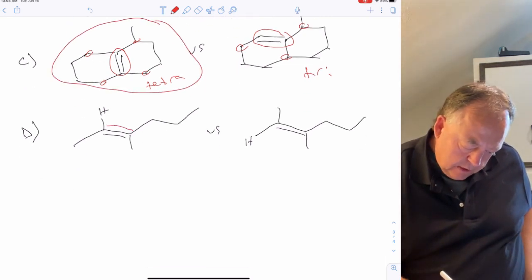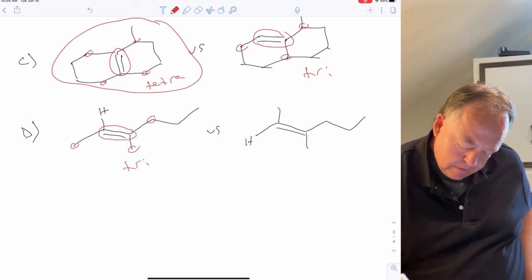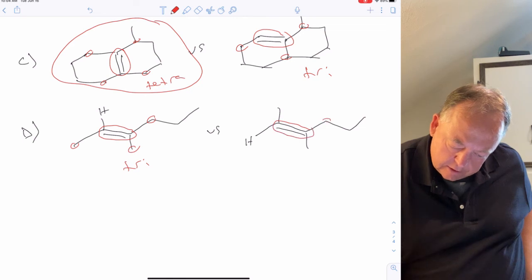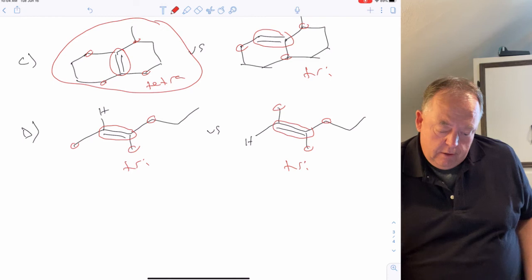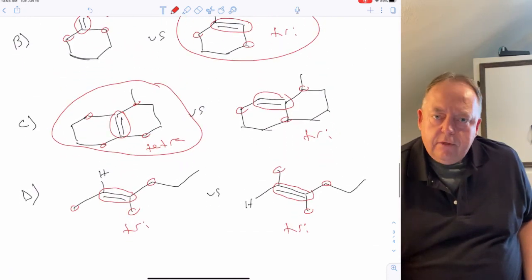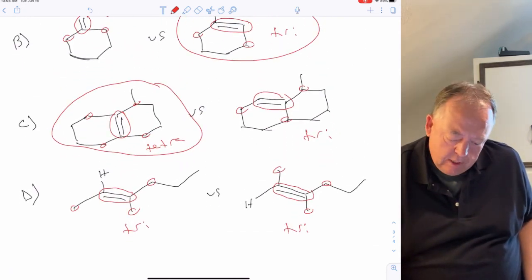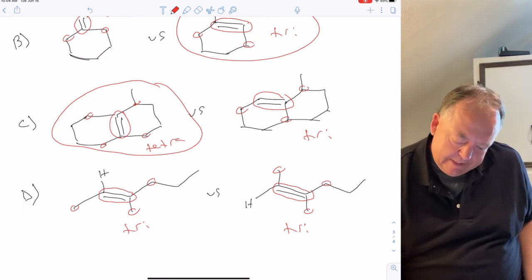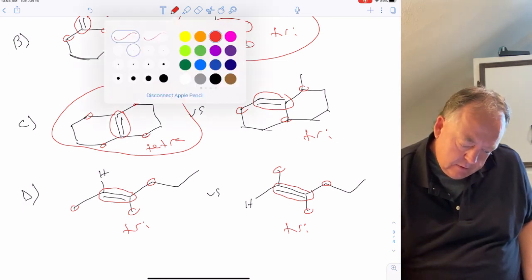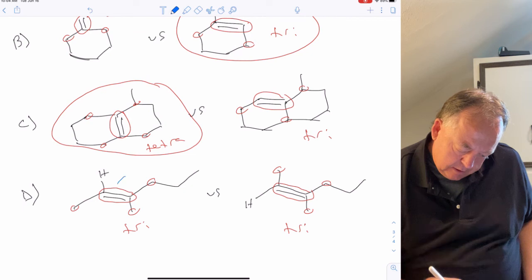For this one, that's 1, 2, 3, tri. And the other alkene is 1, 2, 3, tri. So what to do now? Are those equal in stability? The answer is no. What is different about these alkenes is, if we split that, that's priority 1 and 2.